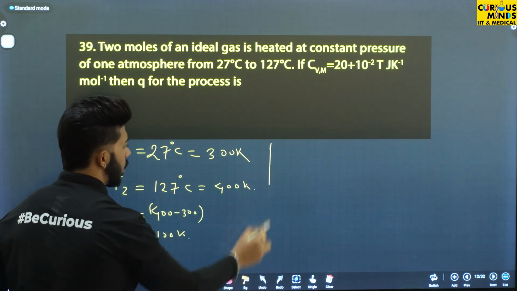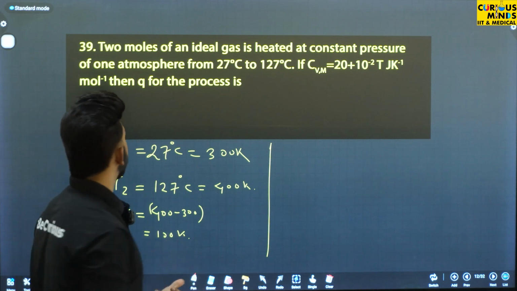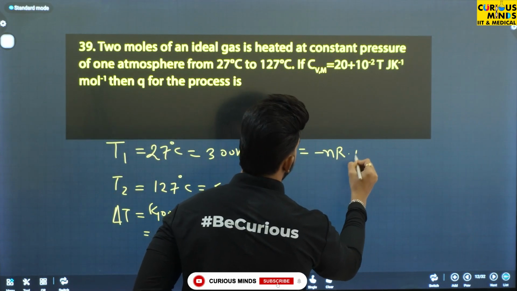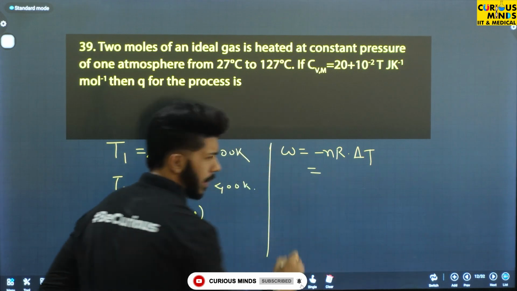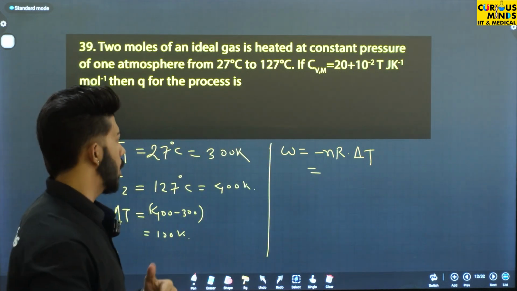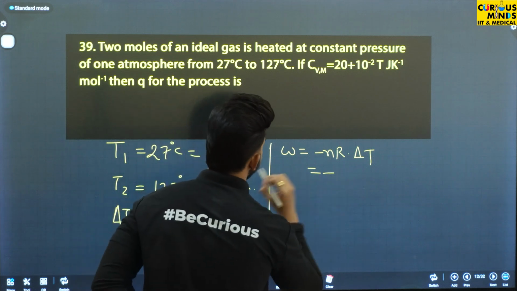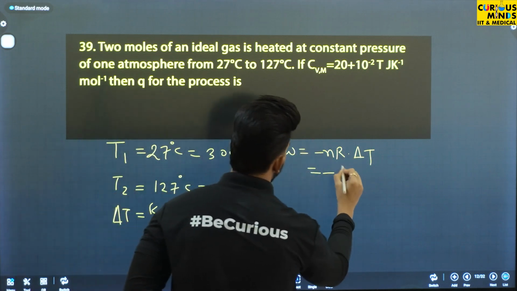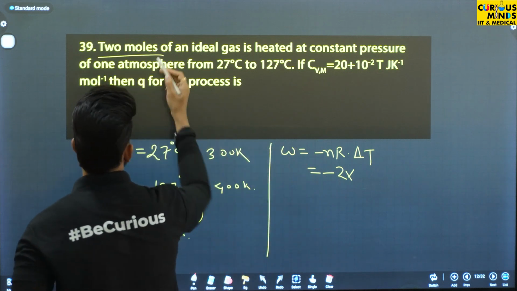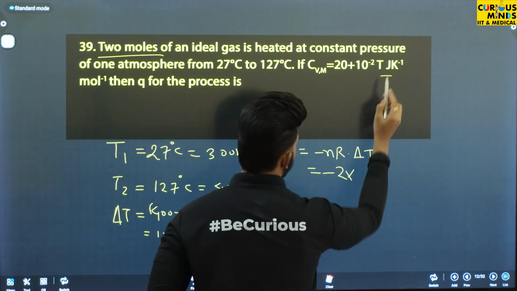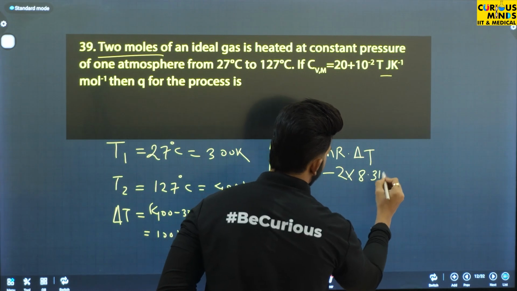So can we find out W, the work done? Obviously we can. W equals minus nR delta T. When it is an isobaric process, we can use this formula, minus nR delta T. So minus n, n is 2 moles. R will be given, it is in joule, so obviously 8.314.